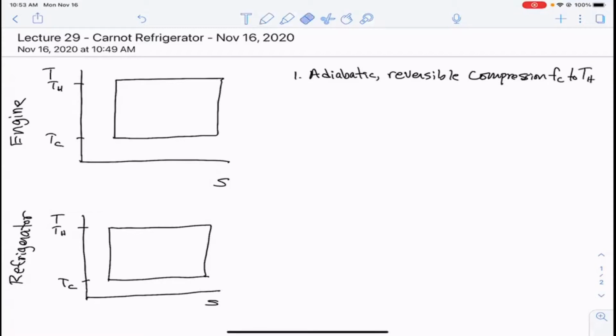In our TS diagram, that was this step, and we called that step one.